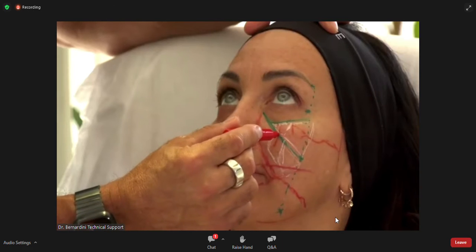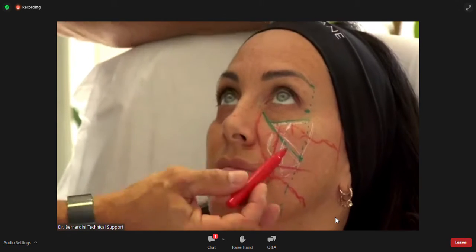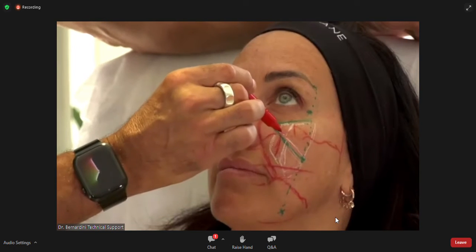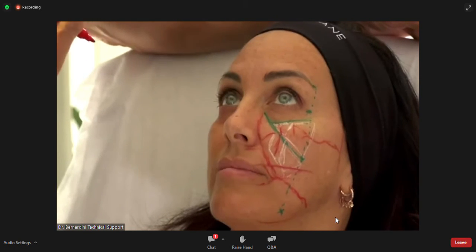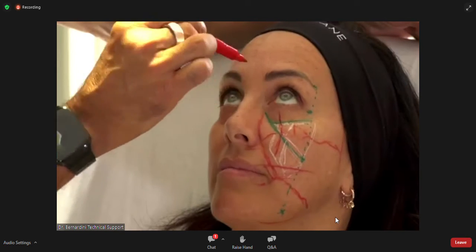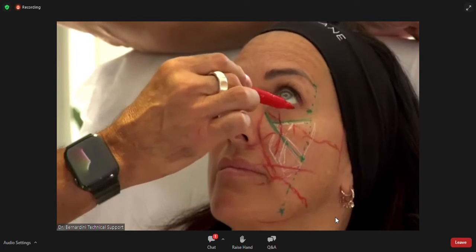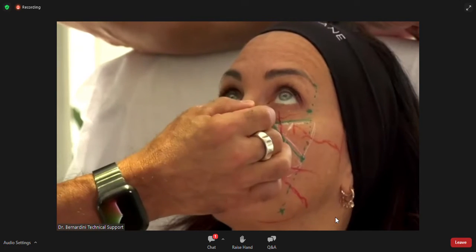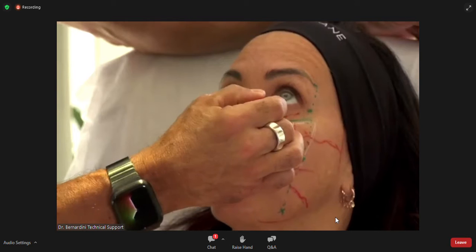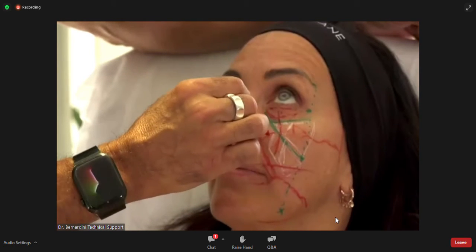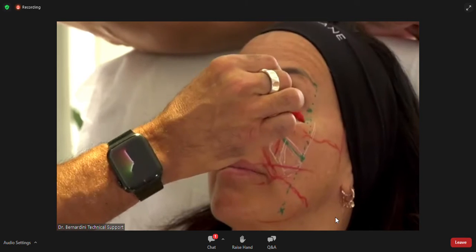Remember, it gives origin to the labial artery, the nasal artery, but the first branch is the palpebral artery, the one that goes up to give origin to the peripheral palpebral arcade, and eventually the marginal arcade. So various branches of the artery come off there.